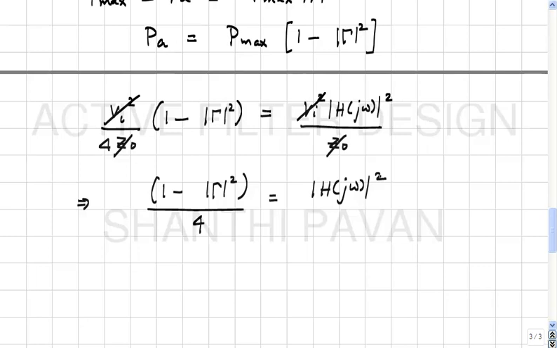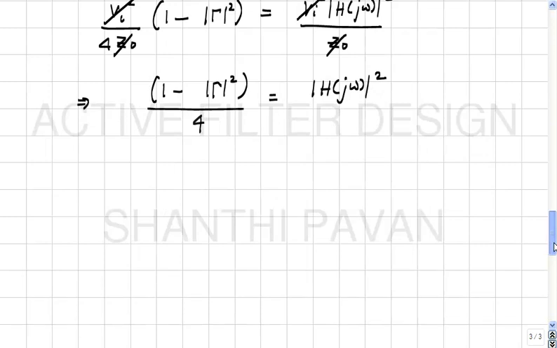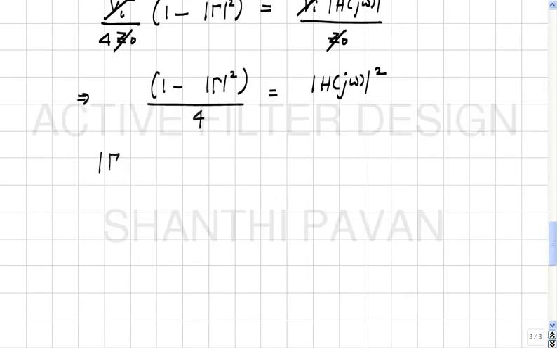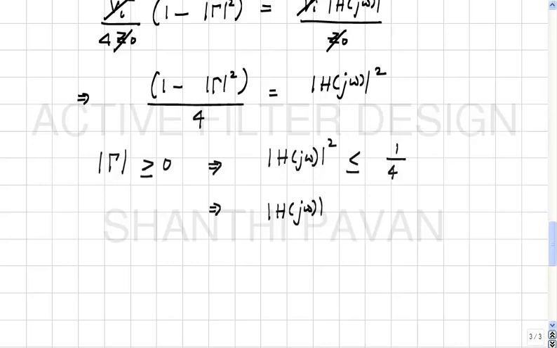Okay, so let's make a couple of simple observations. Mod gamma must always be greater than or equal to 0, which means mod H of j omega square must be less than or equal to 1 by 4, which means mod H of j omega must be less than or equal to half.